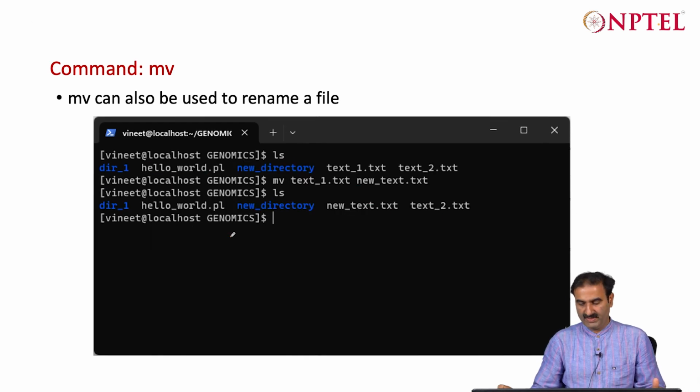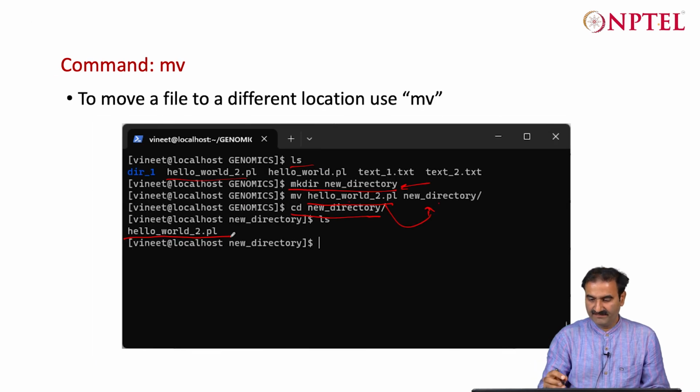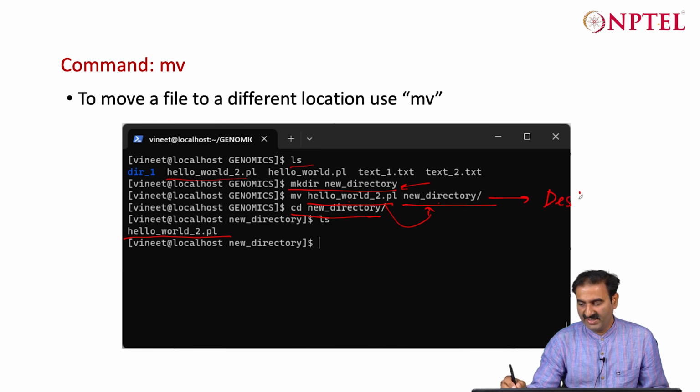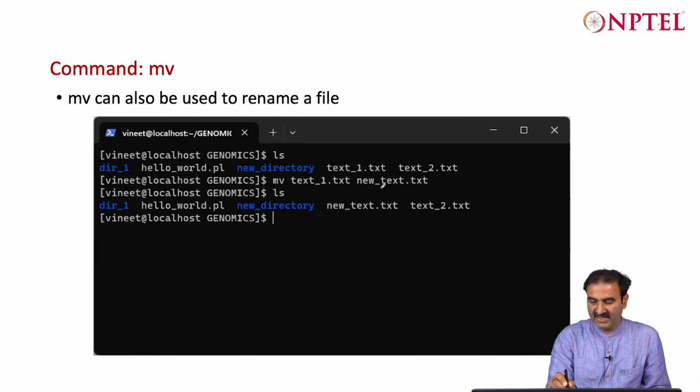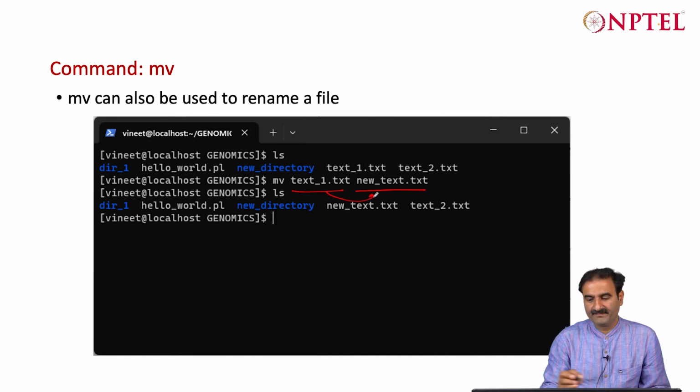Similarly, in the previous command there was a directory into which we moved a file. If the destination is a directory or folder, then it will move the content into that. But if the destination is just a file name, then it will rename the file.